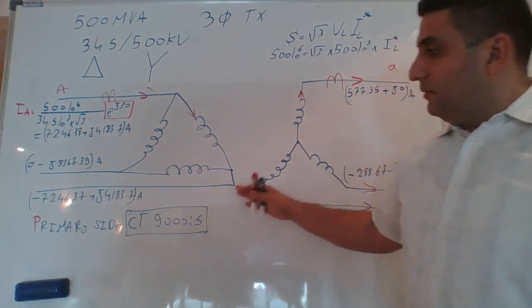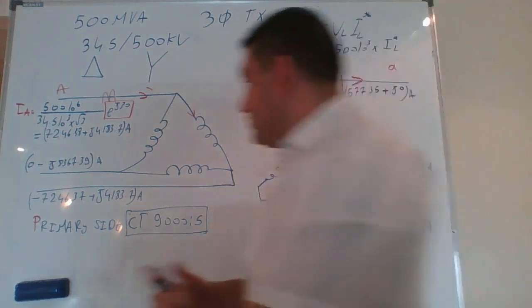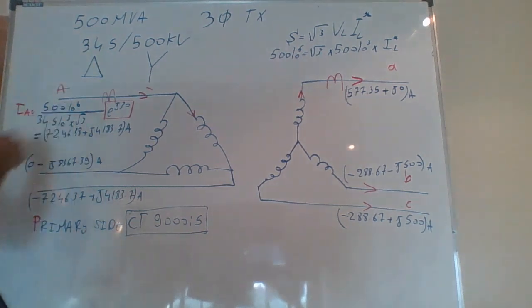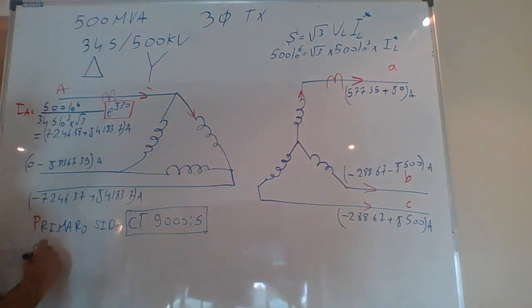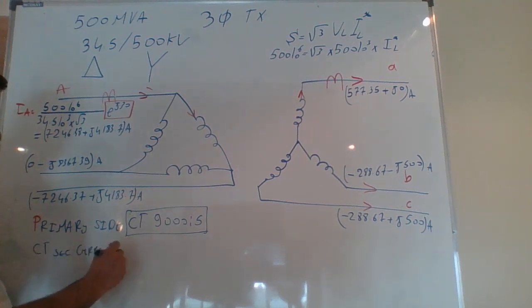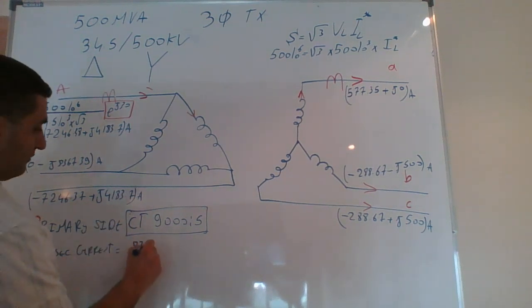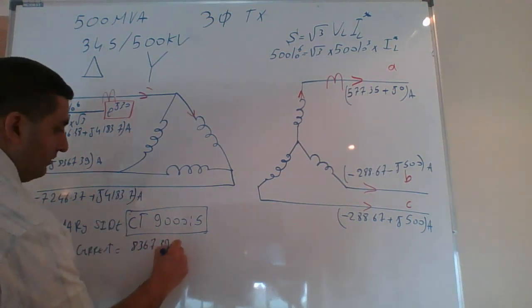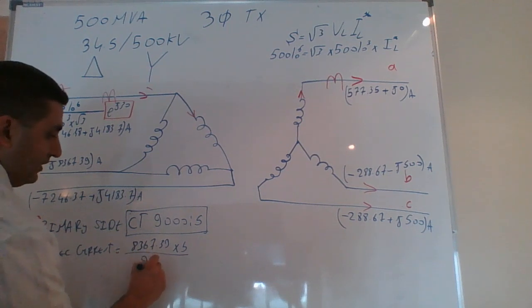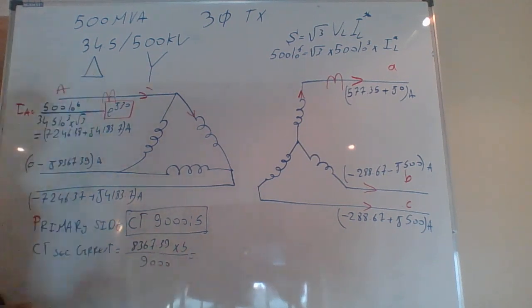Now, when I use this, my CT secondary current will be equal to 8,367.39 multiplied by 5 divided by 9,000. The answer of this one will be 4.65 amps.